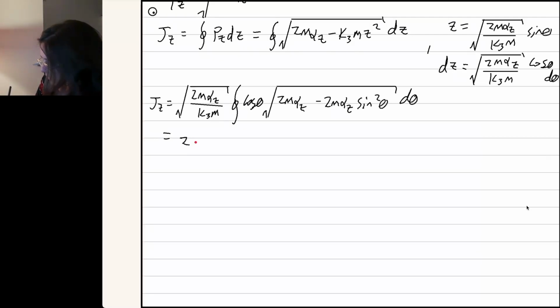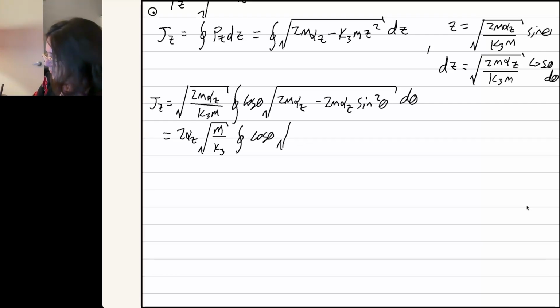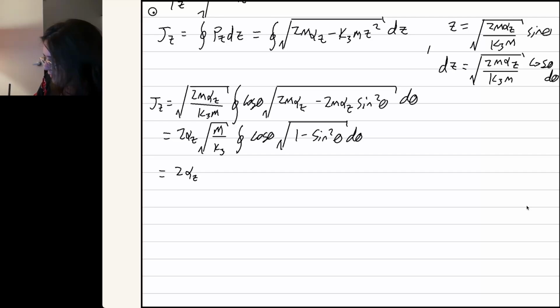I'm going to leave the m's inside of the radicand so that we'll have 2 alpha z times the square root of m over k3. And then the integral is just going to end up being cosine theta times the square root of 1 minus sine squared theta, d theta, which is just going to be the closed loop integral of cosine squared theta d theta.